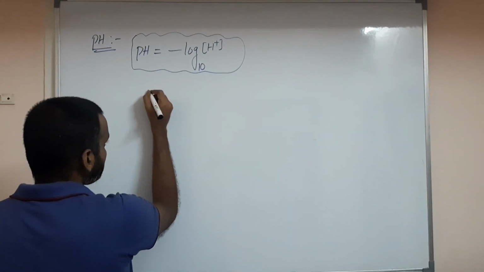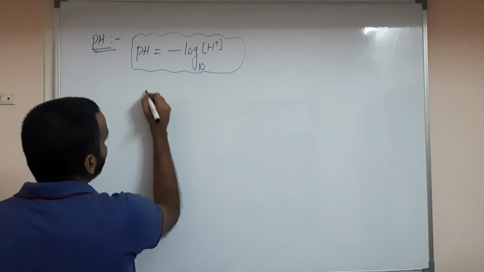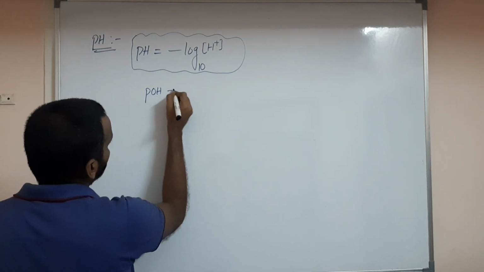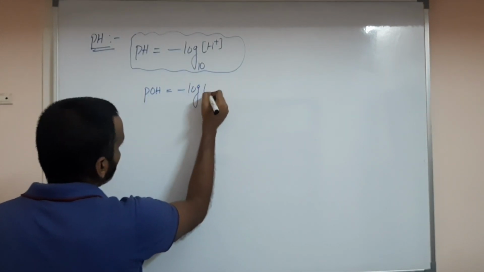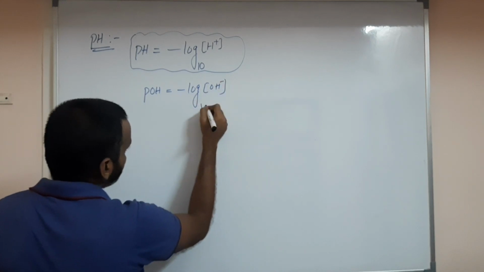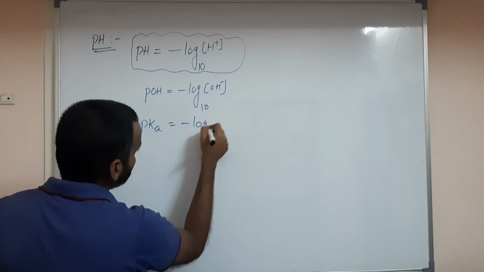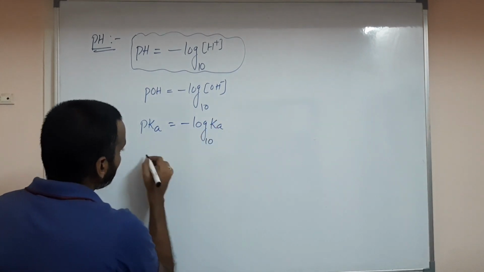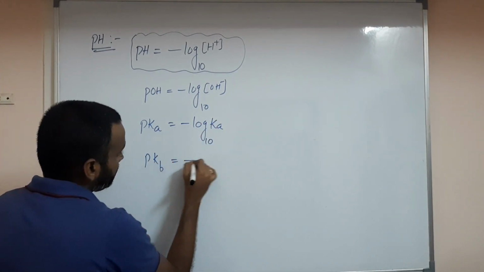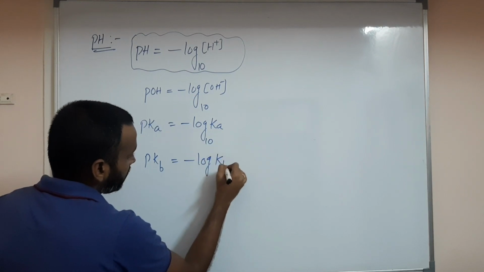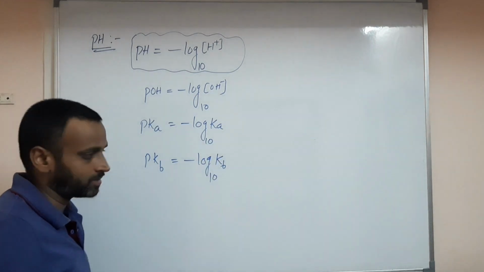Now, in the same way, you can write pOH. It's minus log concentration of OH minus to the base 10. Like pKa, it's minus log Ka to the base 10. In the same way, pKb is minus log Kb to the base 10. Like this you can write.